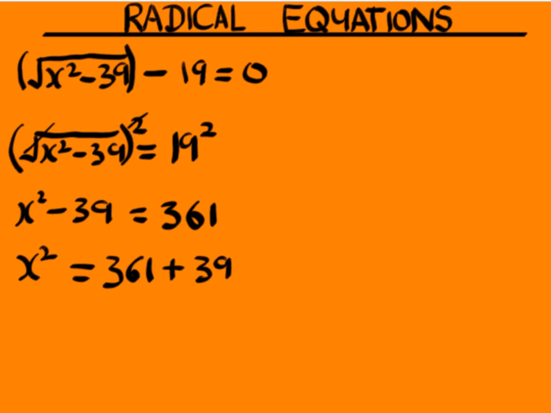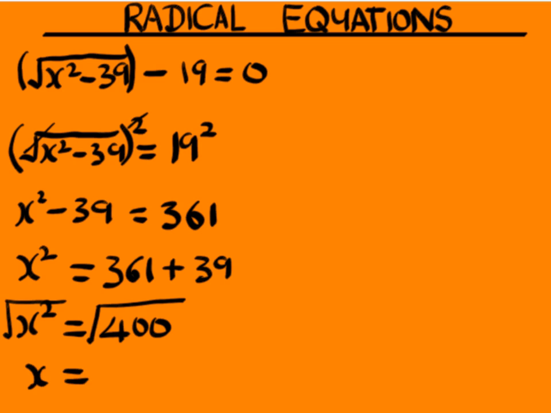Now we have x squared equal to 361 plus 39, which gives us 400. So to find x, we take the square root of both sides. So our x would be equal to the root of 400, which gives us 20. So this would be the value of our x.